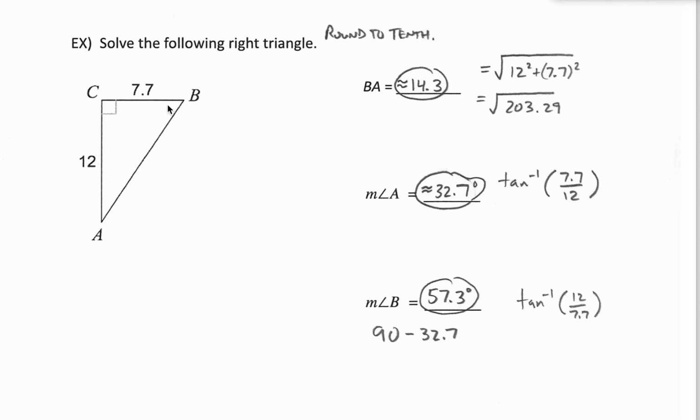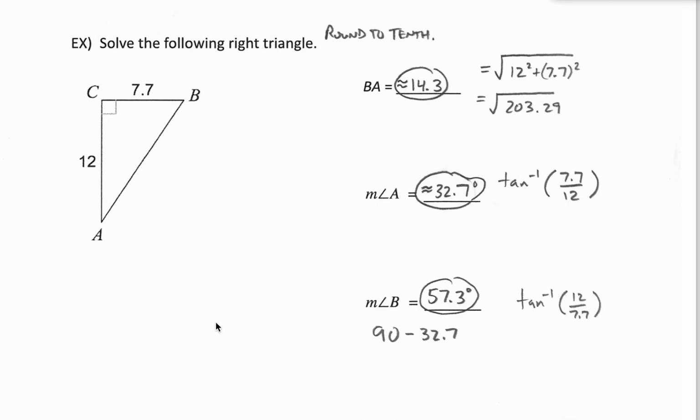So relative to angle B, now this is the opposite side, and this is the adjacent side. So my inverse tangent ratio would be 12 over 7.7 instead. Notice it's just the reciprocal of what we just did. And our calculator should also confirm what that subtraction found before.